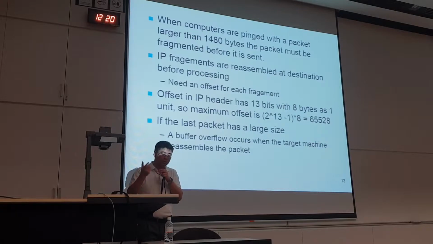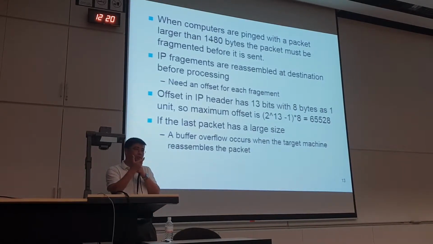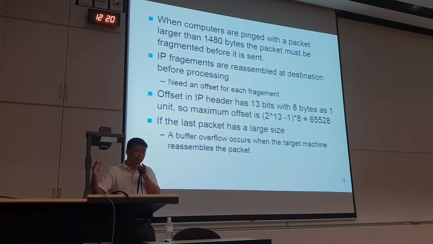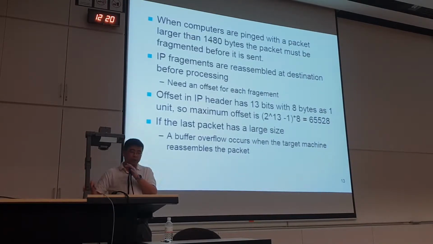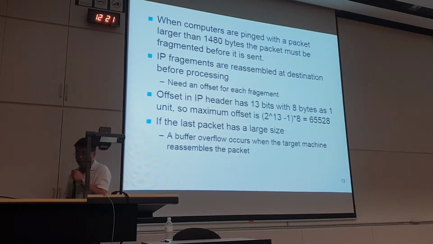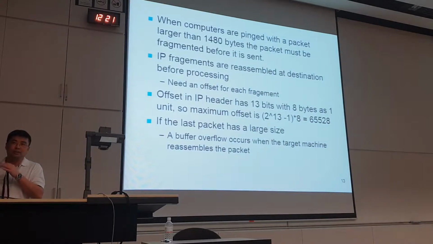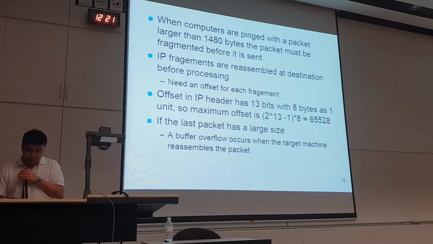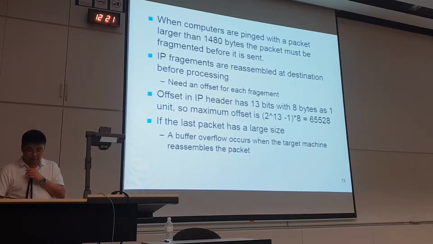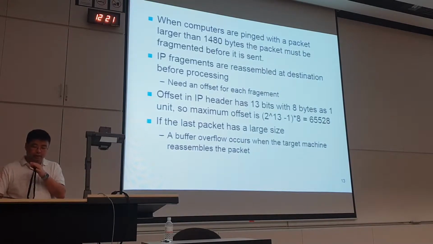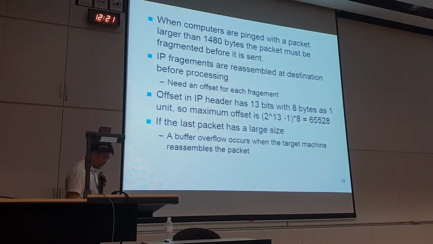In this case, because the receiver only allocates a buffer for the maximum size of the packet, if you reassemble all the small packets and have a packet exceeding this limit, then there will be a buffer overflow. Some other content in the memory buffer will be overwritten by this big packet. If the overwritten content is important, then basically the system will crash. So that's how this ping of death DoS can bring down a machine by just sending about 65,000 bytes.